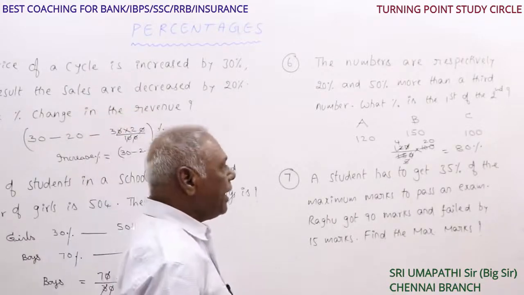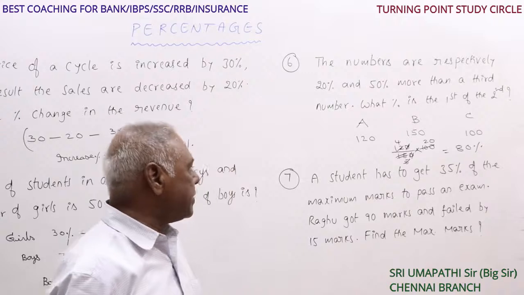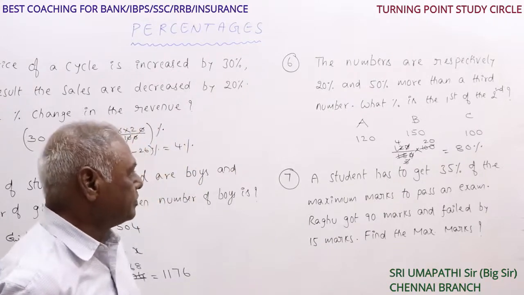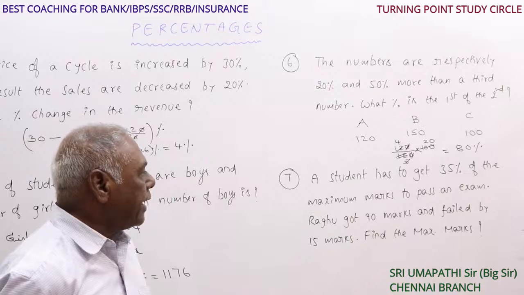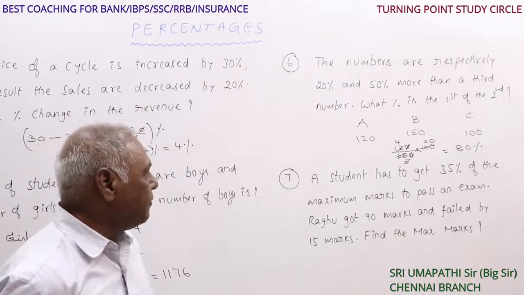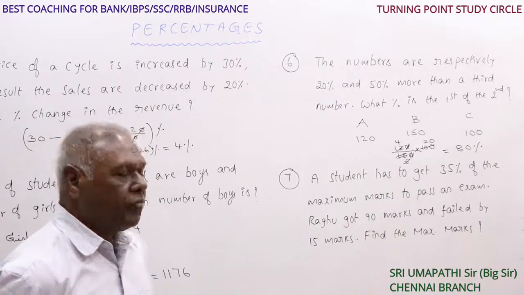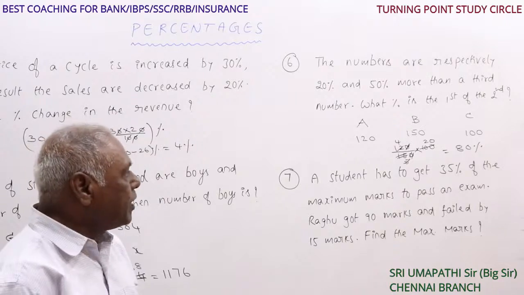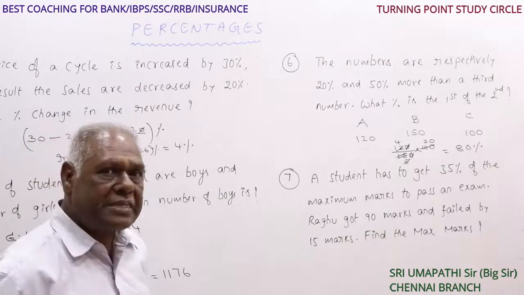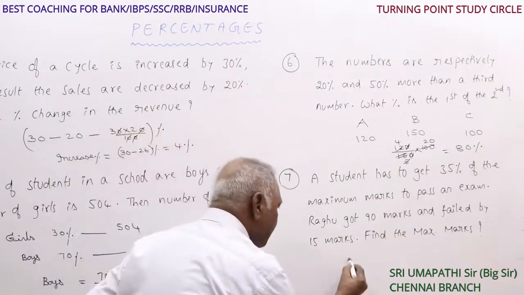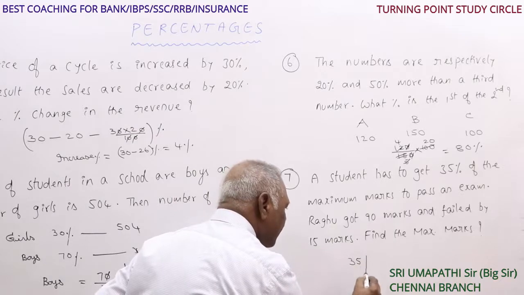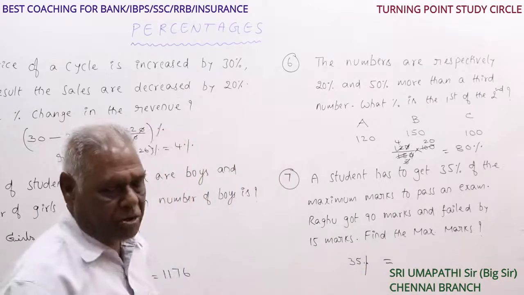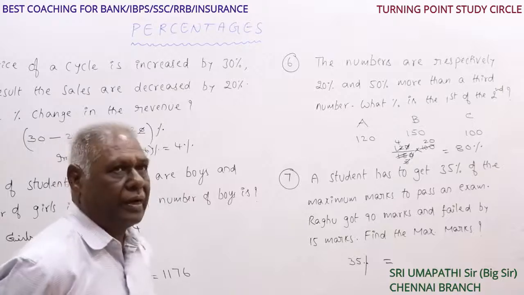Next, a student has to get 35% of the maximum marks to pass an examination. Raghu got 90 marks and failed by 15 marks. Find the maximum marks. So 35% of the maximum marks, 35% of x, whatever it may be.